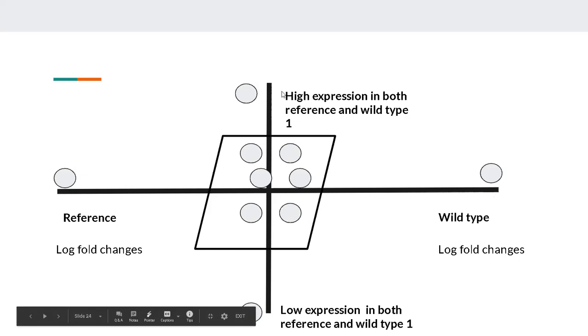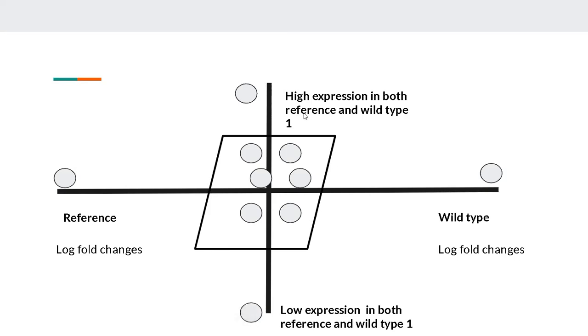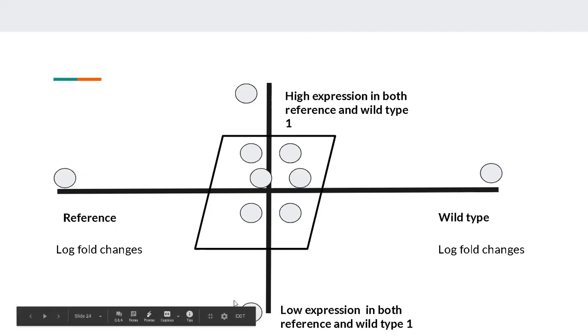You can also think of the genes in the other dimension, which is, if a particular gene is present over here, this means that it has a high expression in both the reference and the wild type. On the other extreme, you can have a gene at the lower end, which would mean that it has a lower expression in both the reference and the wild type.